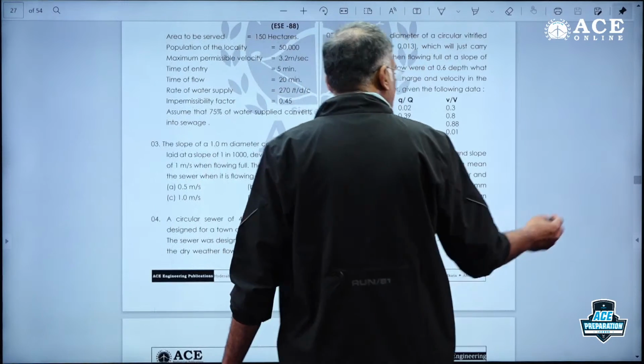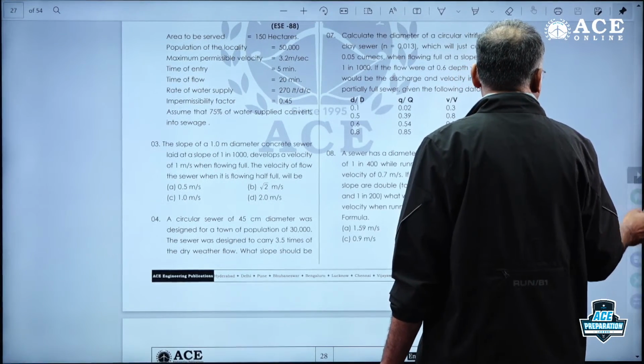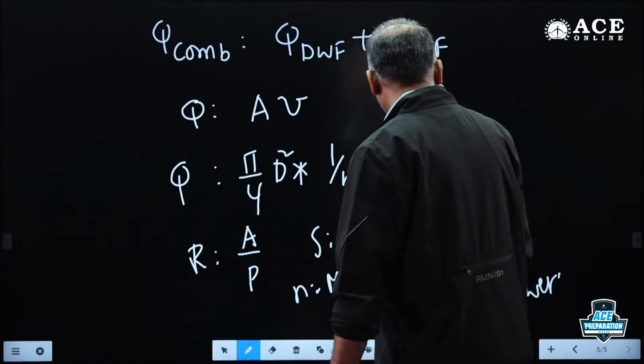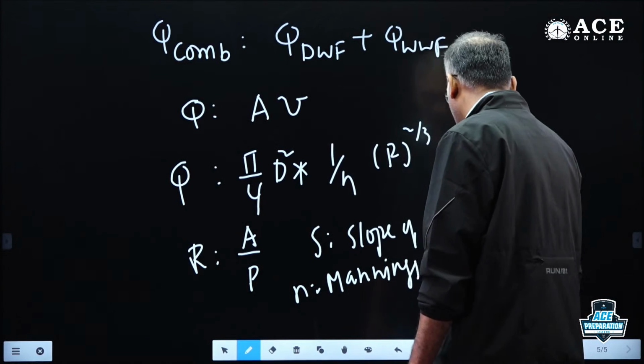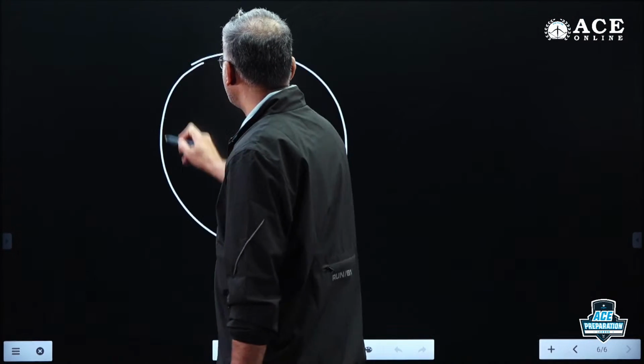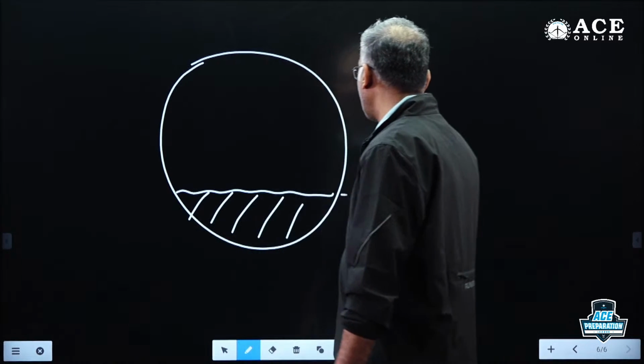So let us see. Normally, in the partial flow diagram, the sewer is running partially full with some flow depth. Depth of flow is equal to d.